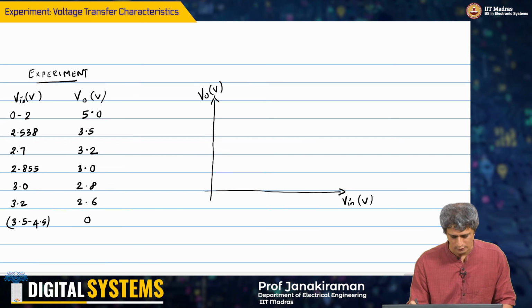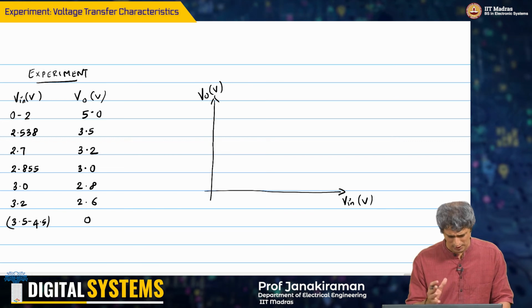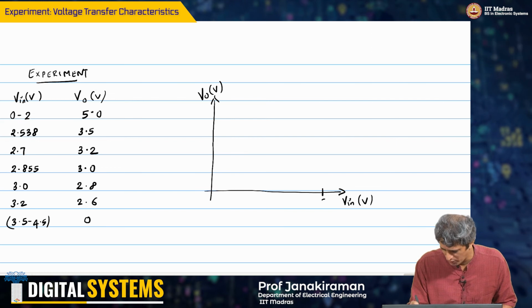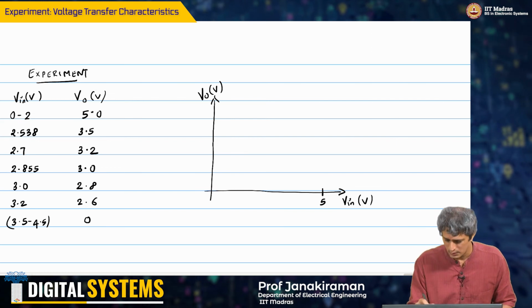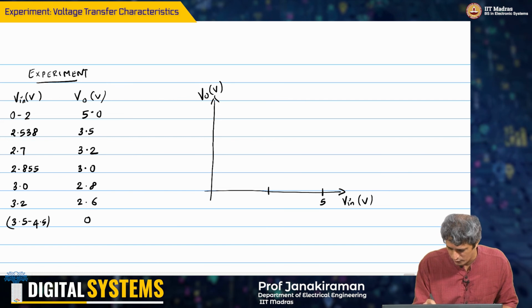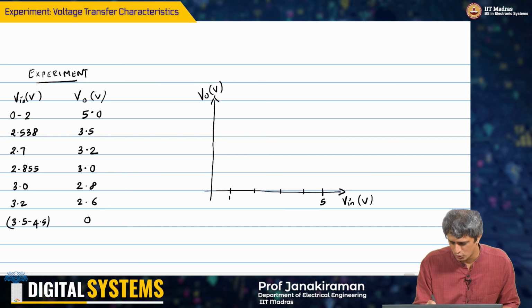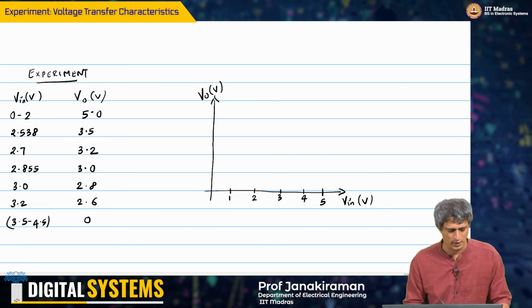So let us first of all look at something like, we have 5 volts here, okay, this is 2.5, right. So let me look at 1, 2, 3, 4, right. So this is 1 volt, 2 volt, 3, 4, right.